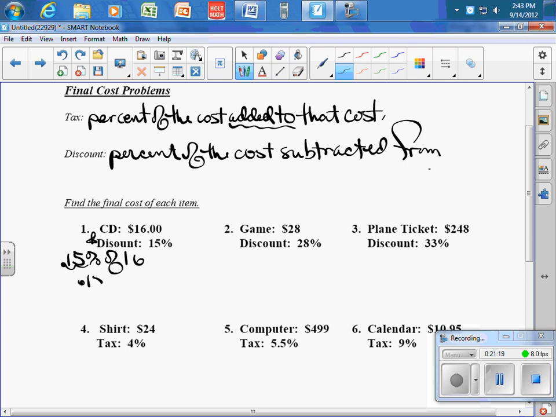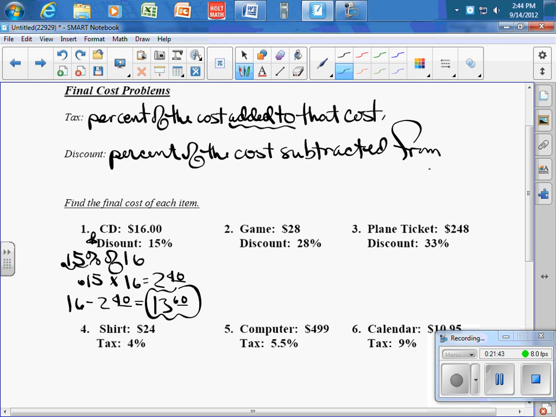So I get 0.15. Of means times 16. So 15% of 16 would be $2.40. What we'll do is subtract that from the $16, and we get $13.60 for the final cost.